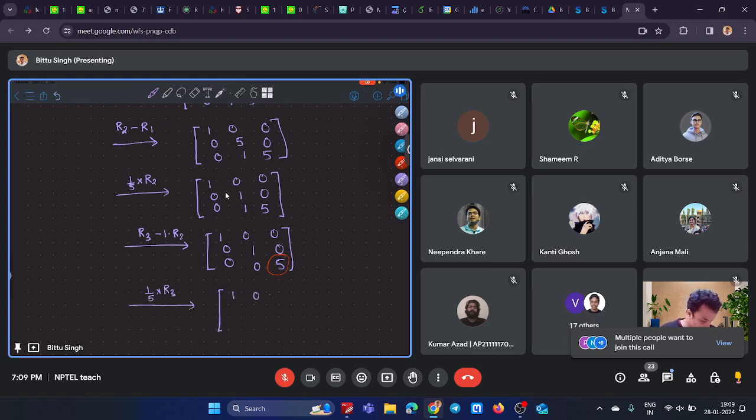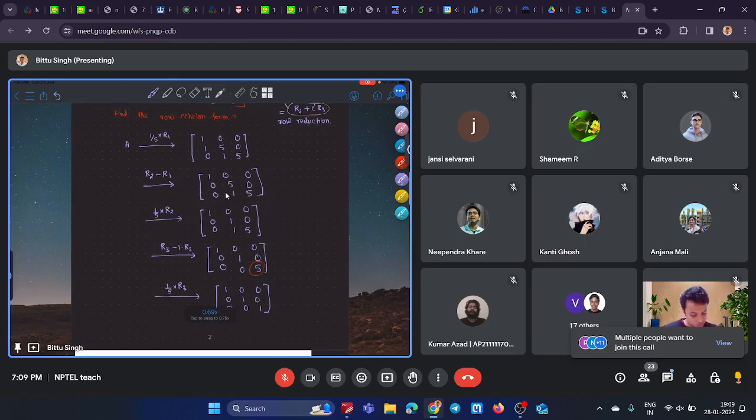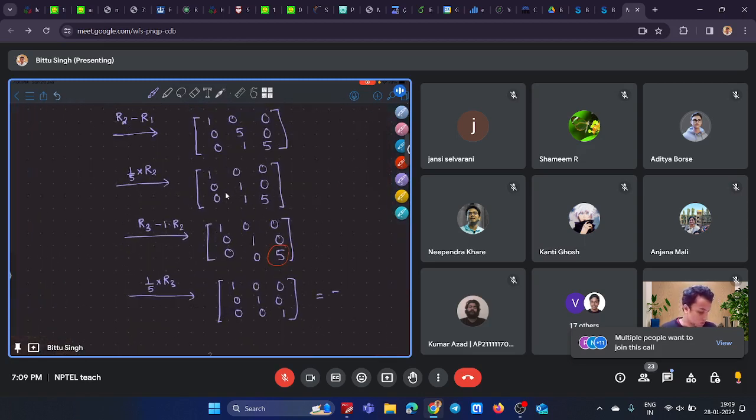Then it becomes 1 0 0, 0 1 0 and 0 0 1. You can see this is the identity matrix, and therefore the row echelon form of the matrix A is the identity matrix 1 0 0, 0 1 0 and 0 0 1.